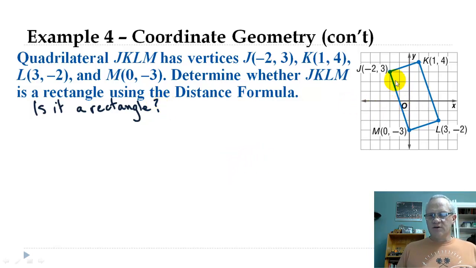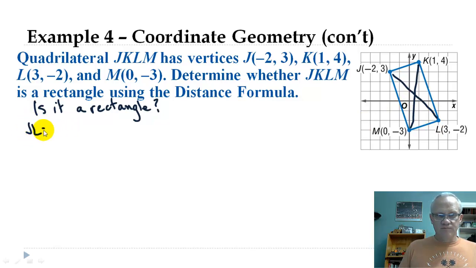Well, what's different about a rectangle from a regular parallelogram are the diagonals are congruent. So that diagonal and that diagonal are going to be congruent to each other. So they have to be the same distance. So now we're going to compare two more things, JL and KM. So let's start with JL.